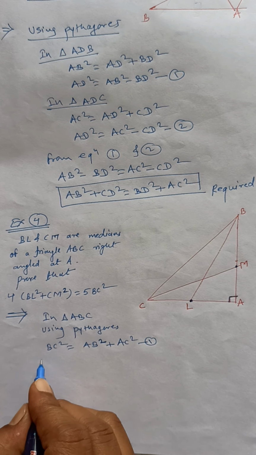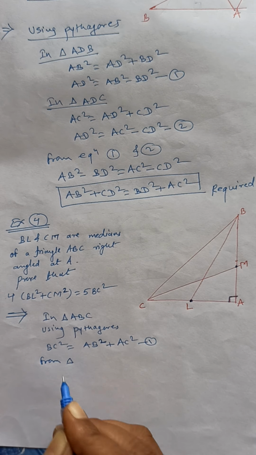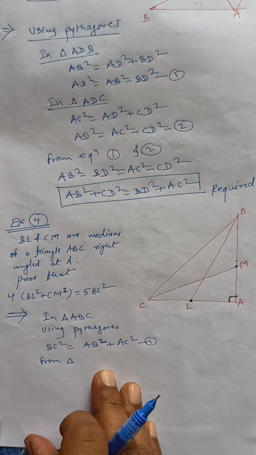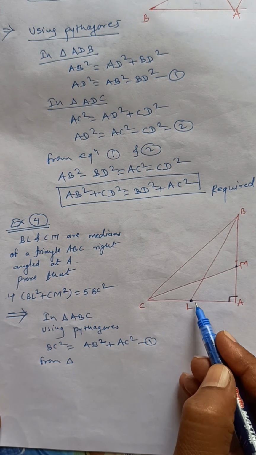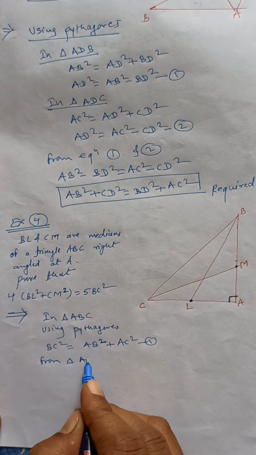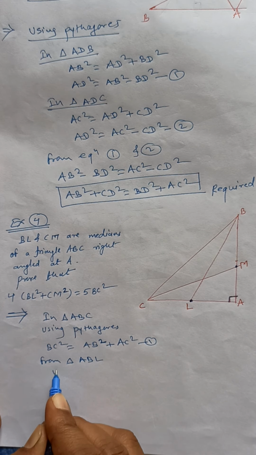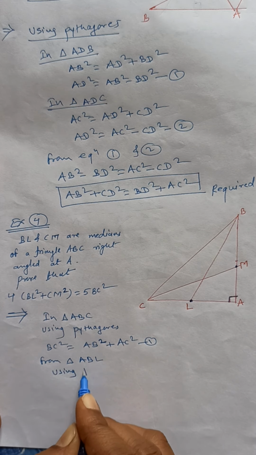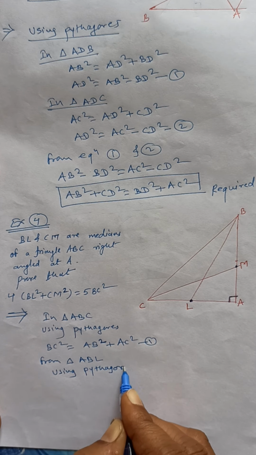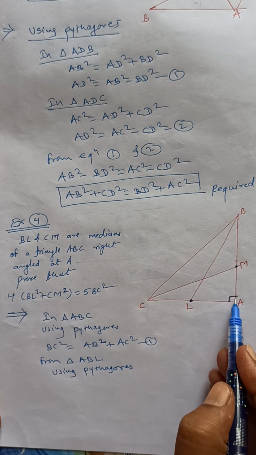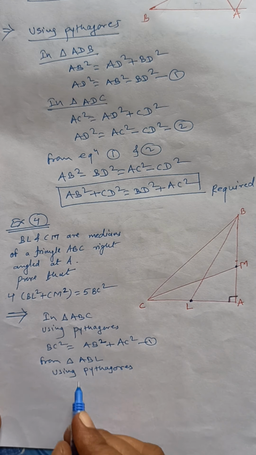Now you can take any lower triangle. I'll take triangle ABL. In triangle ABL, again using Pythagoras. Why can we use Pythagoras? Angle A is 90 degrees. BL is the hypotenuse.